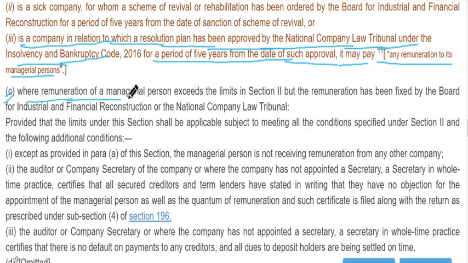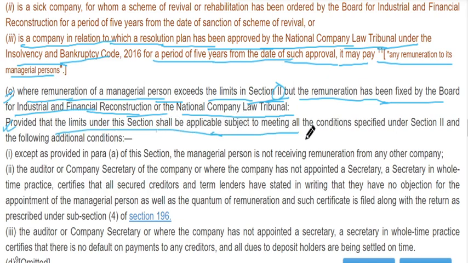Where the remuneration of a managerial person exceeds the limit in section 2, but the remuneration has been fixed by the Board for Industrial and Financial Reconstruction or the National Company Law Tribunal, provided the limit under this section shall be applicable subject to the meeting of all conditions specified in section 2 and the following additional conditions.